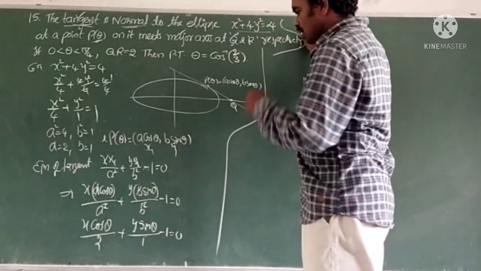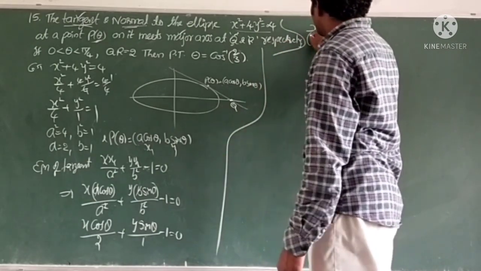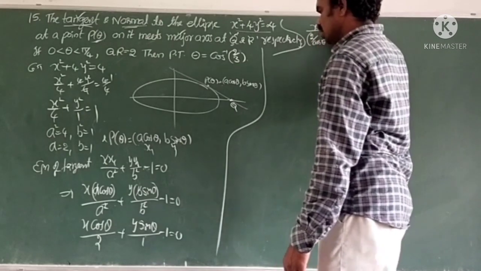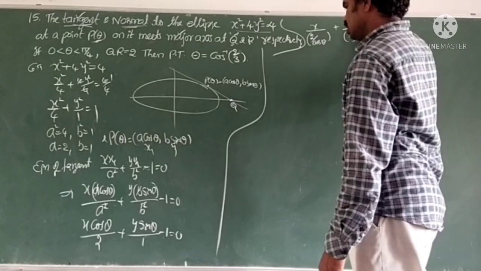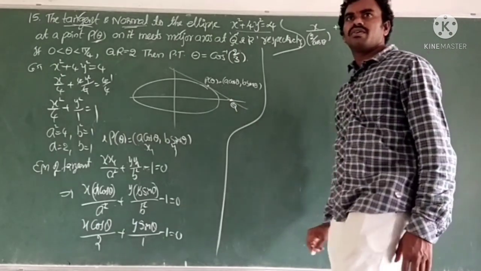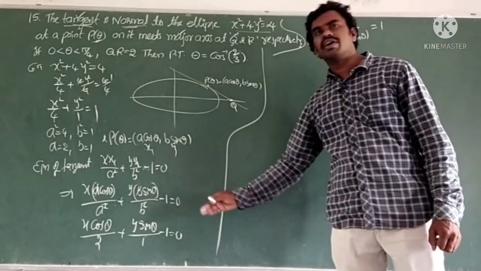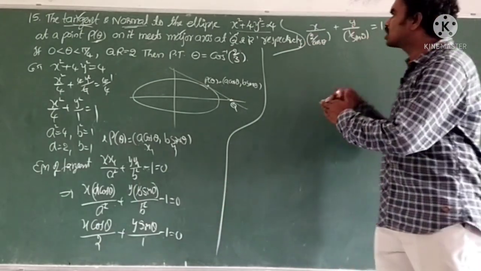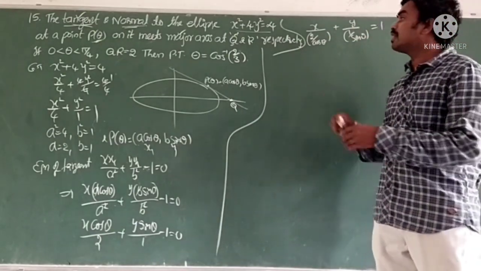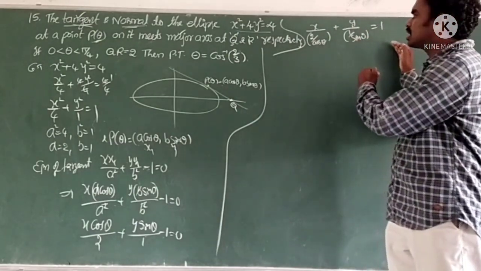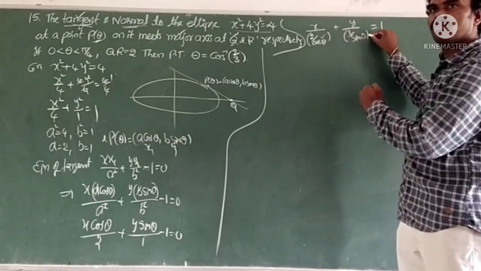So what do we get? x by 2 by cos theta plus y by 1 by sin theta is equal to 1, because of the tangent equation we got. The tangent equation is transformed into intercept form of the line equation. Whenever it is transformed into intercept form, this is called the x coordinate, this is called the y coordinate.